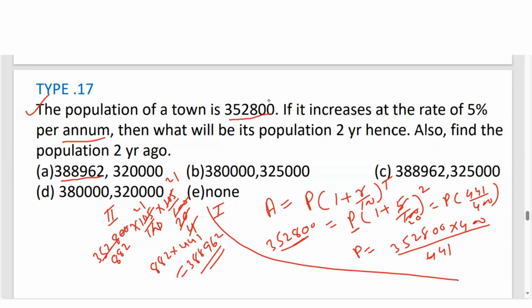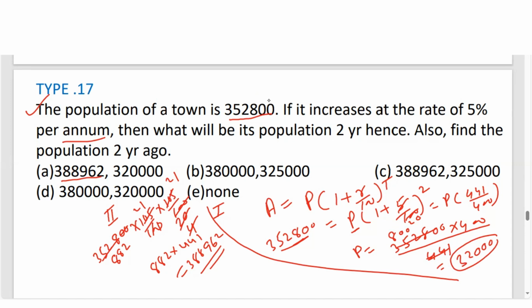Now you see this number is totally cancelled. 8 1s are 8, 8 4s are 32, it is cancelled by 8 and here 20, right? Now 8 4s are 32. So our answer is 32 and 4 times 0. That means 2 years ago the population was 32,000, and after increasing for 2 years it became this, right?